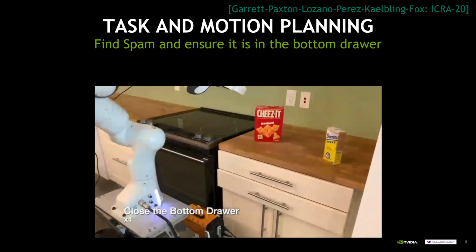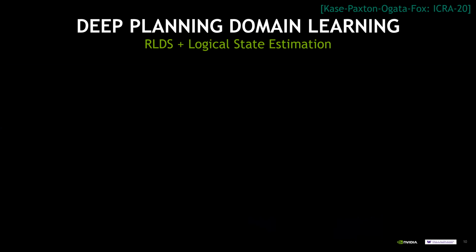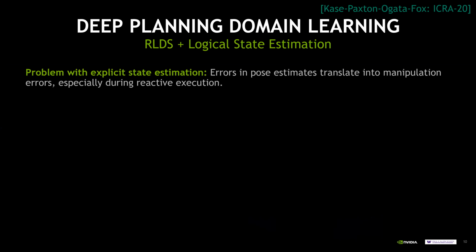So this is great. Now these systems still have one big fundamental underlying issue, which is that they rely very heavily on the pose estimates that we're getting. Errors in those pose estimates translate to very, very dramatic shifts in how well the execution works.